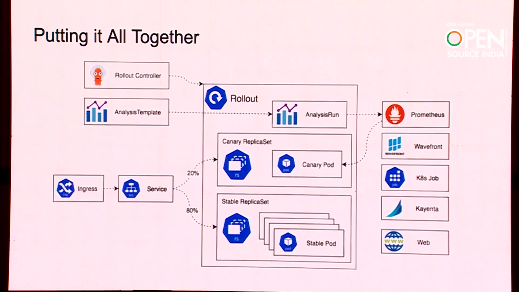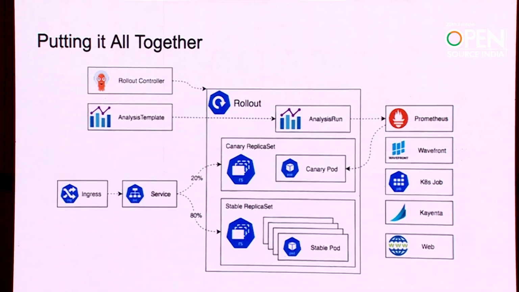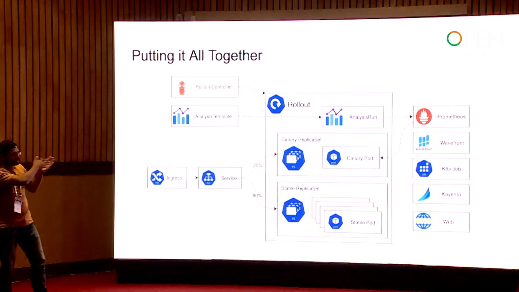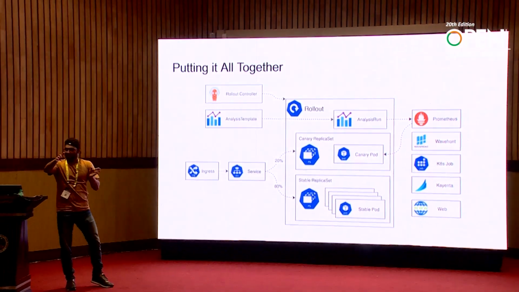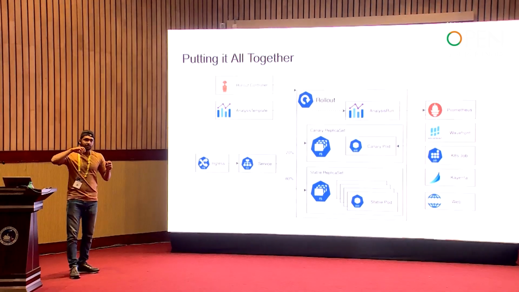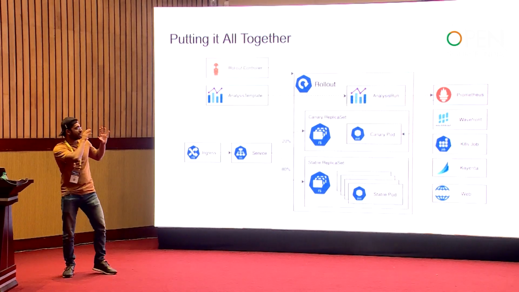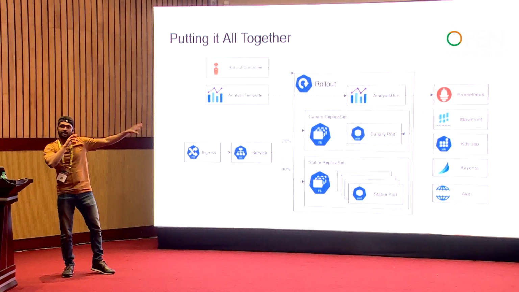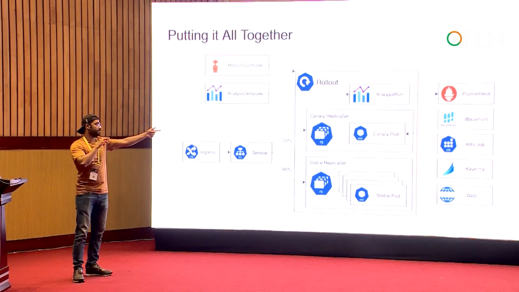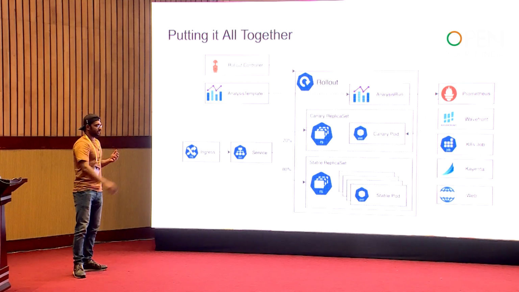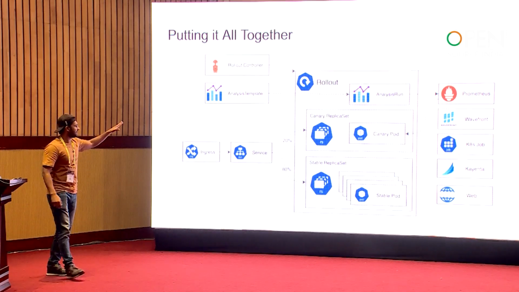Argo Rollouts is the actual tool, and it's also a Kubernetes controller itself, that allows you to do this automation and change the virtual service configuration on the fly. Without Argo Rollouts, you would have to write your own custom logic which integrates with Prometheus, integrates with the API server, changes the value of the virtual service percentage traffic distribution, and essentially do all of this automation yourself. So Argo Rollouts does this very nicely.